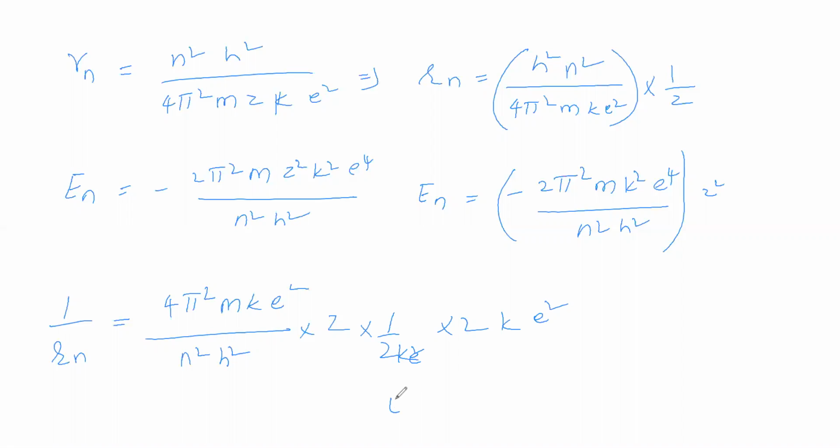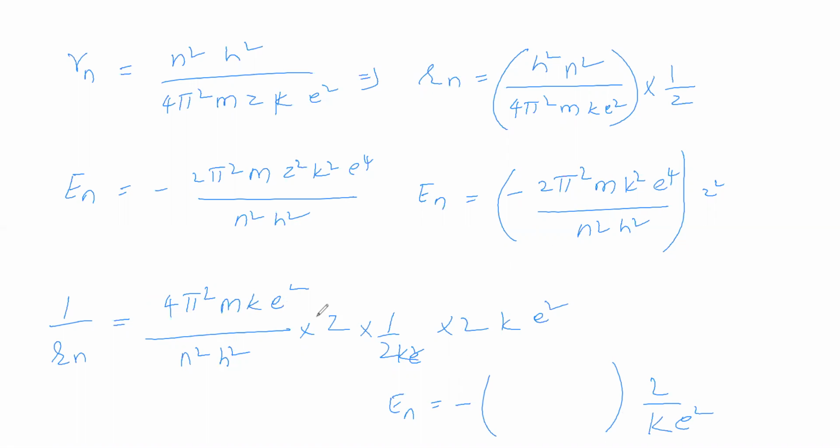So energy of nth orbit is equal to minus 2 pi square. If we want to make it 2, outside we write 2. This we want as k square, so outside we write 1k. This we want as e power 4, therefore outside we write e square.